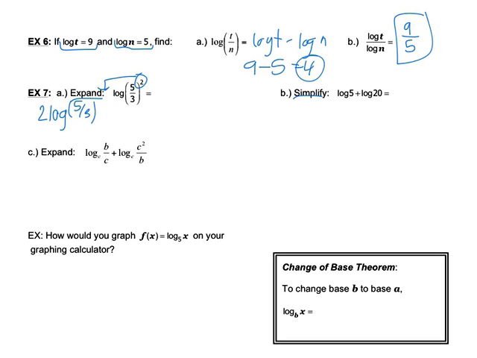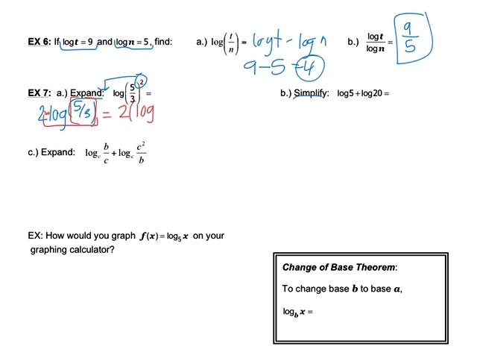Well, if we're taking the log of something with division, we've got the opportunity to split that up. So this would be the same as 2. And the tricky part here is 2 is being multiplied by this whole logarithm, which means when I split up the log, I need parentheses because the 2 applies to both of the logarithms.